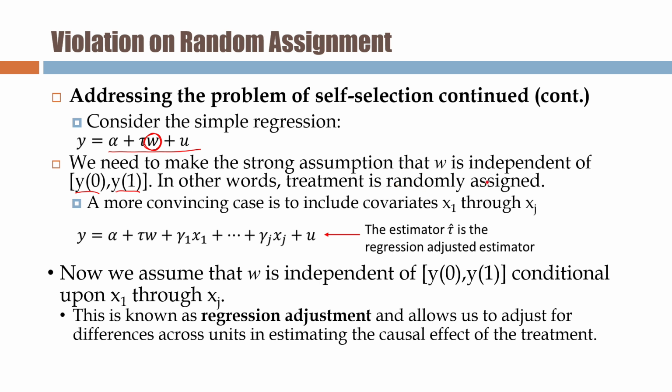If it's randomly assigned, then you can just do the simple regression and find what tau is, and then we can easily tell the effect of the program. However, since this is not randomly assigned, we have to include this covariate. Why we call this a covariate is that I'm not interested in the effect of x1, x2, x3, x4. This is what I'm interested in.